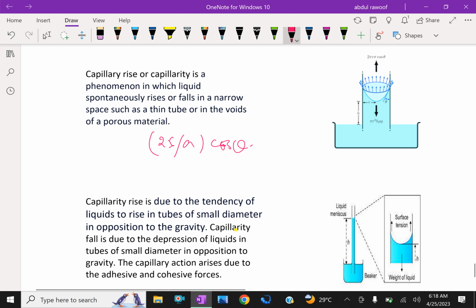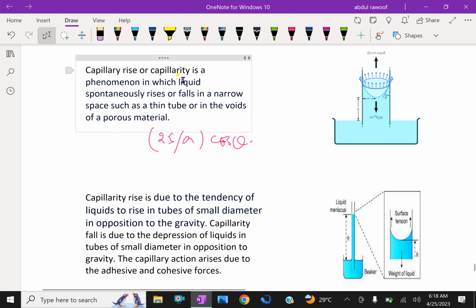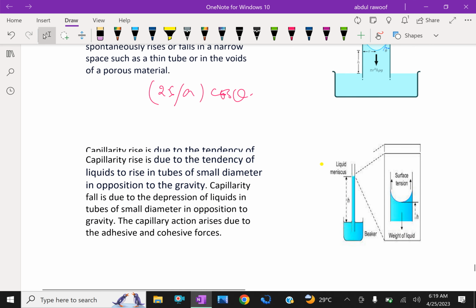Now, capillary rise or capillarity is a phenomenon in which liquid spontaneously rises or falls in a narrow space such as a thin tube or the voids of a porous material. Look at this very thin tube: due to surface tension, the water rises up inside the tube. It's called capillary rise.